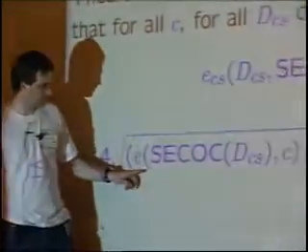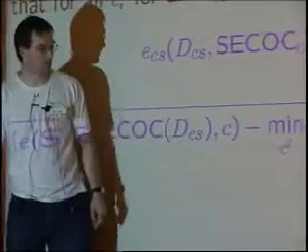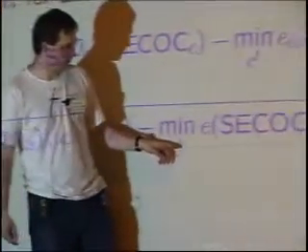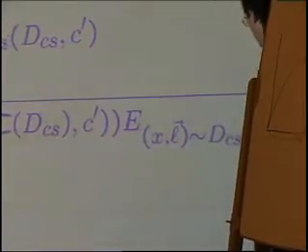This is the binary loss on that classifier C. This is the minimum binary loss. And then we multiply by the sum of the costs.